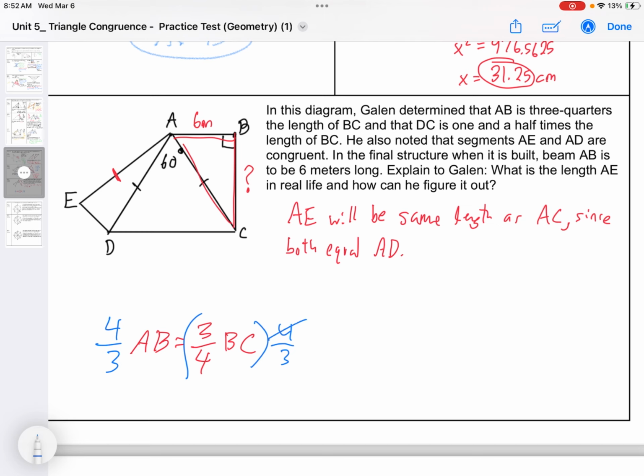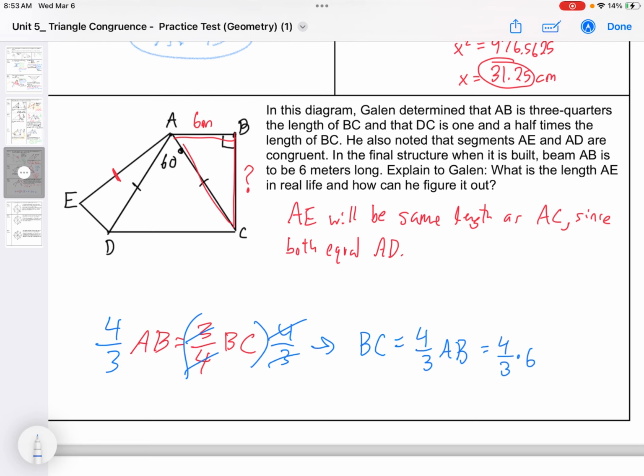The 4 and the 4 cancel, and the 3 and the 3 cancel. So that means that BC is 4/3 of AB. But we know what AB is, it's 6. So 4/3 of 6. Multiply 6 by 4/3.